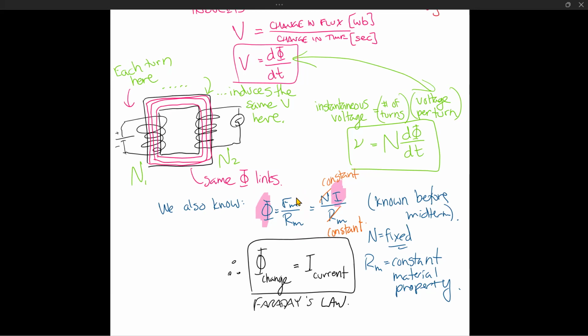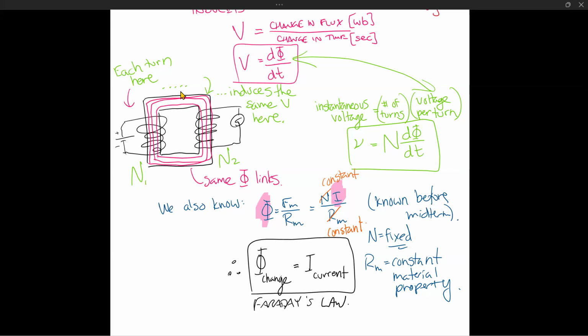We know that Fm is also equal to N times I, the number of turns times I, and then if I look at this formula with these subbed in, I notice, well, N, I don't change the number of turns that this transformer is built with, and I don't change the reluctance of the material.